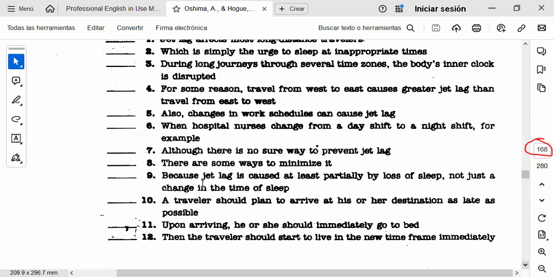Independent, yes. Because jet lag is caused at least partially by loss of sleep, not just a change in time of sleep. Dependent. And a traveler should plan to arrive at his or her destination as late as possible. Independent. Upon arriving, he or she should immediately go to bed.